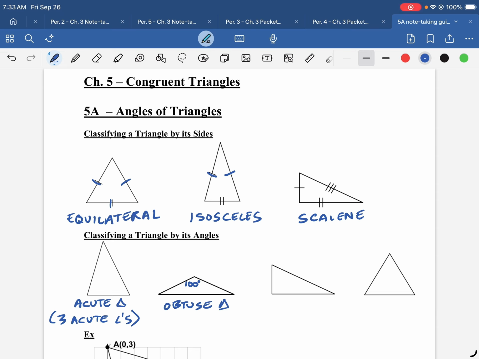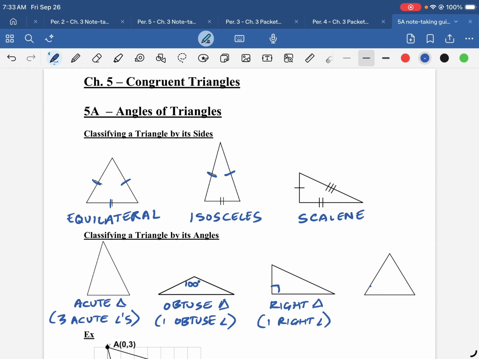A triangle can only have one obtuse angle, so just one obtuse angle qualifies it as an obtuse triangle. If there's a right angle, let's say we've got a right angle right there, then we've got a right triangle. And a triangle can only have one right angle. So that's all you need to qualify, okay?